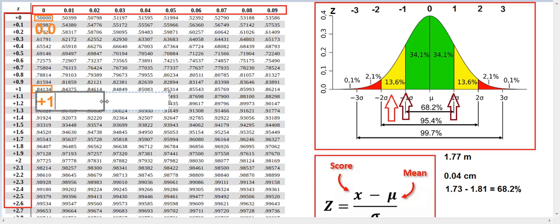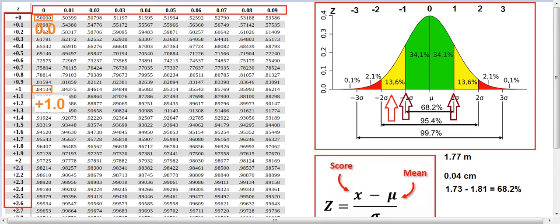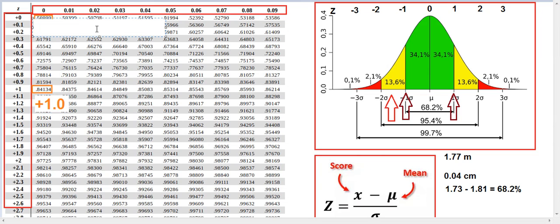Let me put it here: +1, and it's going to be 0.0. Let me rewrite 0.0, and we have +1.